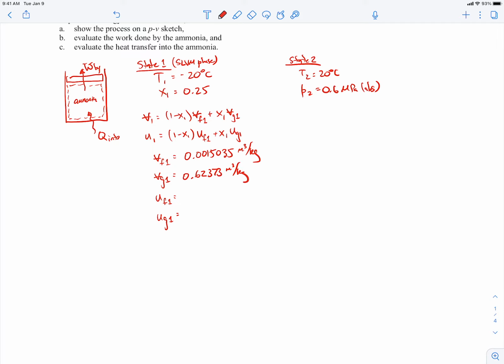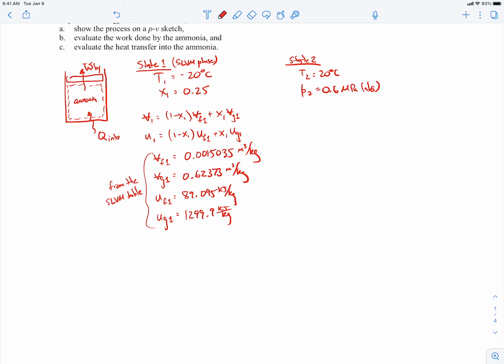Specific internal energy in the saturated liquid state is 89.095 kilojoules per kilogram, and the specific internal energy for the saturated vapor is 1299.9 kilojoules per kilogram. And again, these come from the tables, from the saturated liquid vapor mixture table.